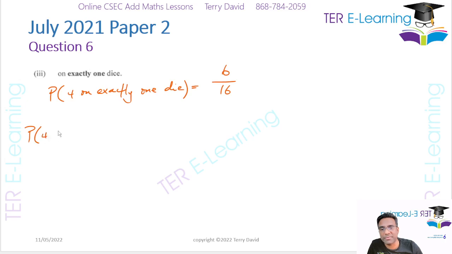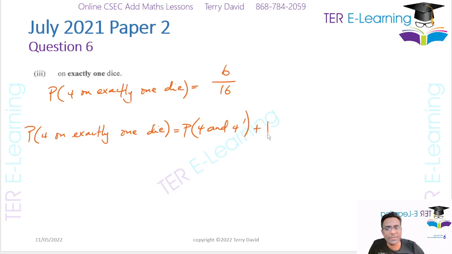Probability of a 4 on exactly one die. We can say you have to get a probability of a 4 and not a 4, or you can get a probability of not a 4 and then a 4.